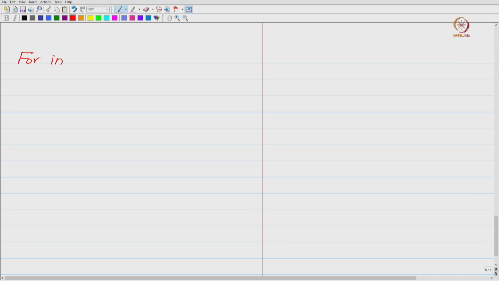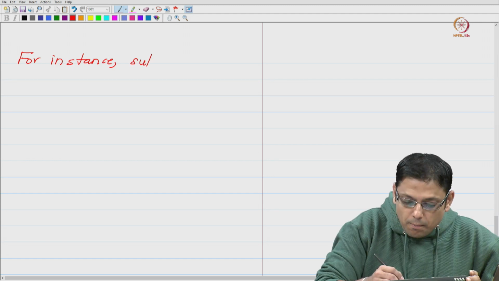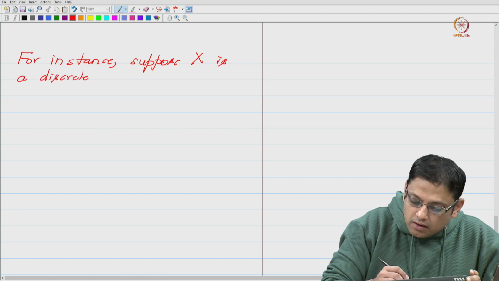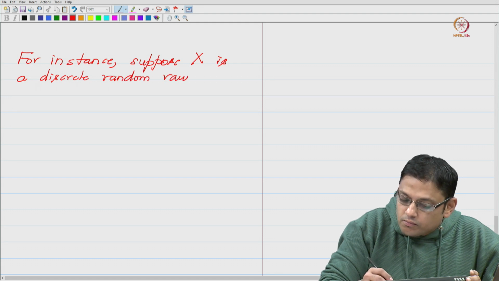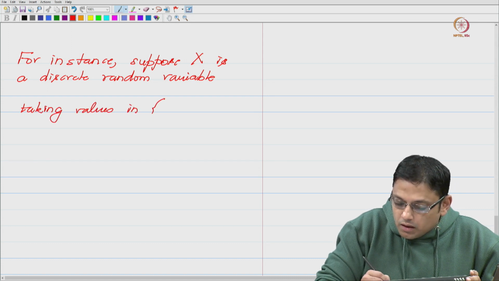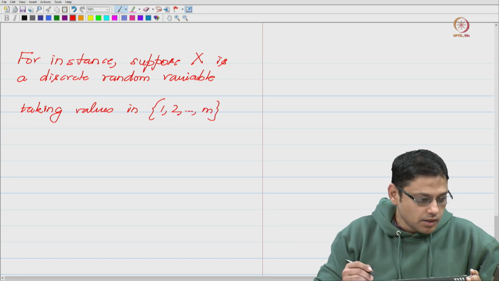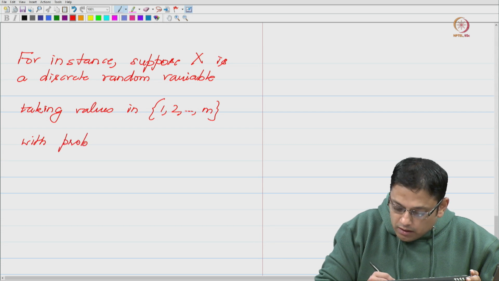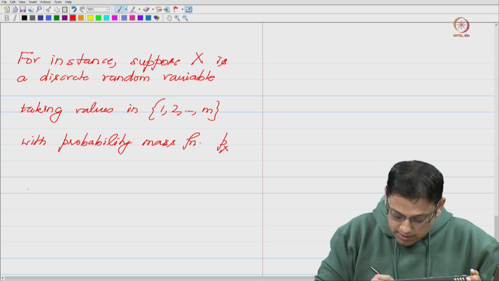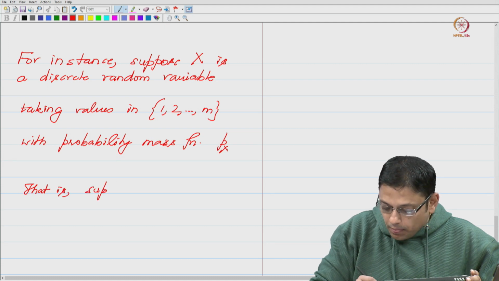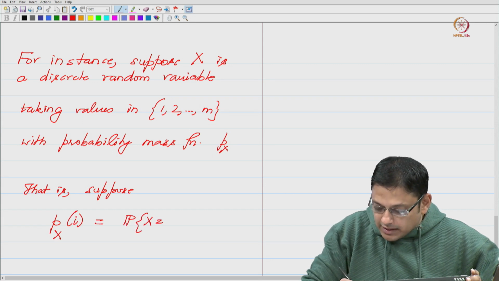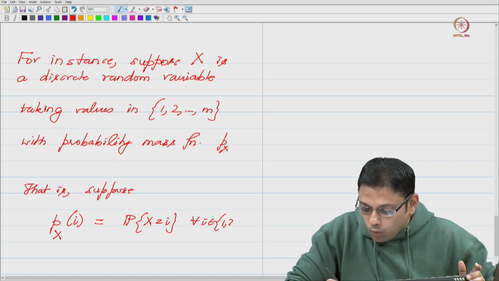For instance, suppose x is a discrete random variable taking values in 1 to m with probability mass function p_x, that is, suppose p subscript x of i equals probability of the event x equals i for all i in 1 to m.